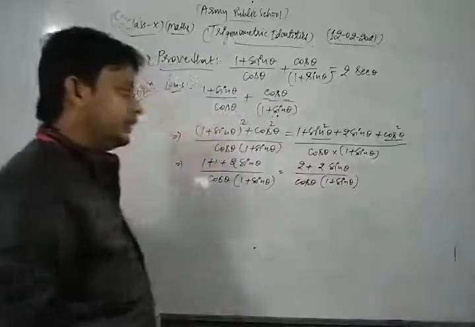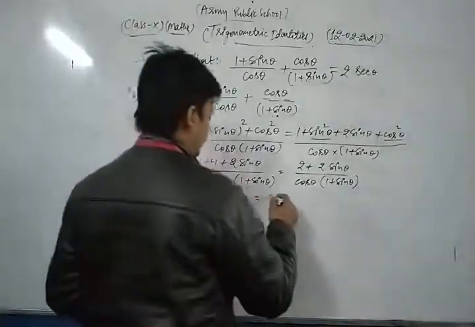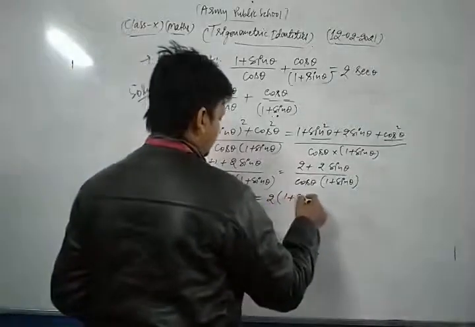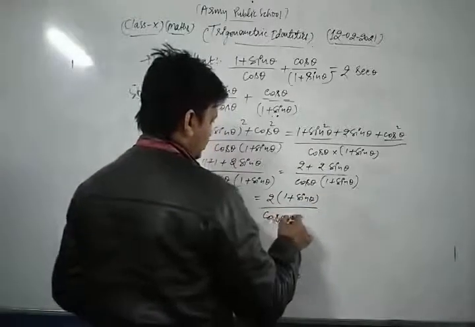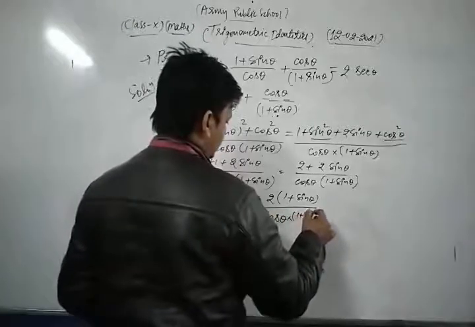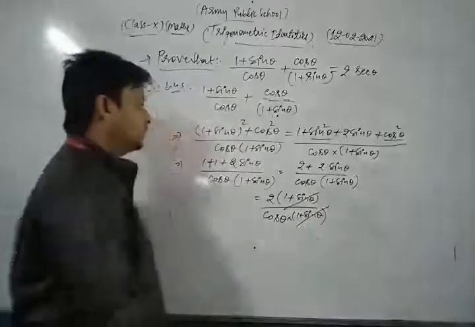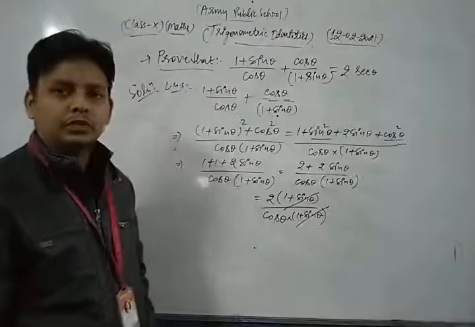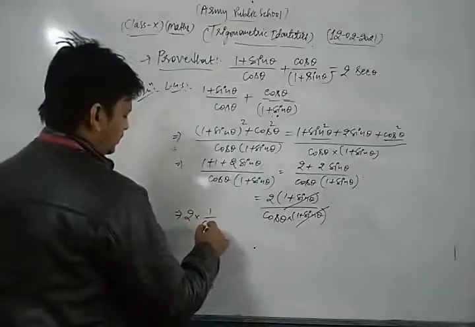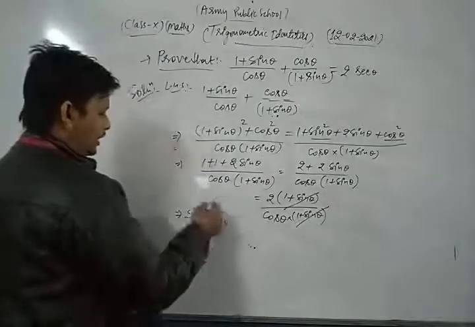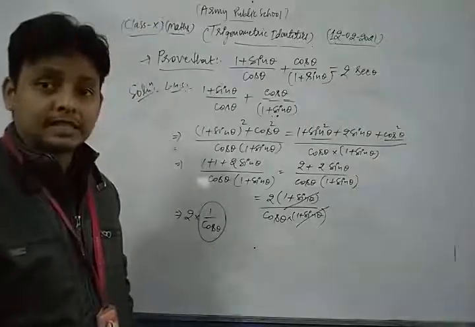Now we take 2 common from the numerator, so we get 2 into (1 plus sin theta) upon cos theta into (1 plus sin theta). Now 1 plus sin theta and 1 plus sin theta cancel each other, so we get 2 into 1 upon cos theta, and you know the identity that 1 upon cos theta is equal to sec theta.